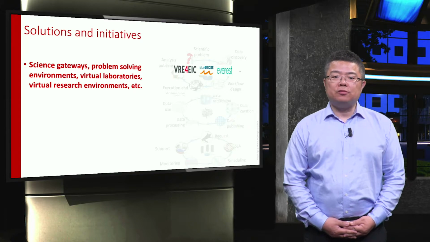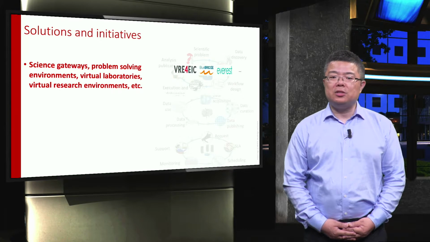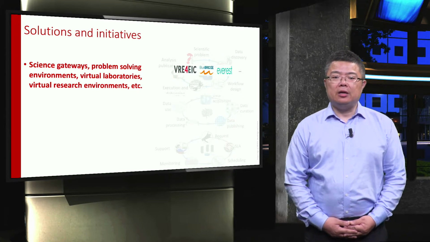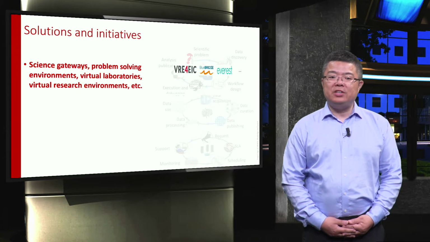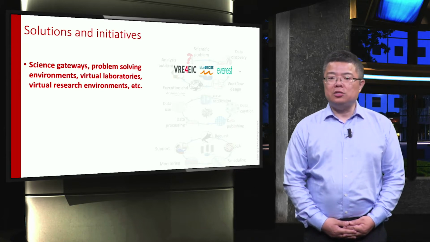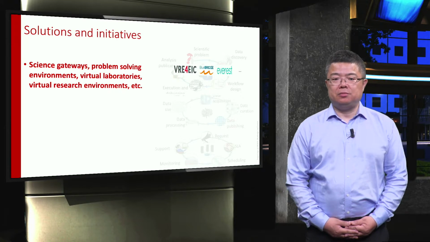To meet the requirements for supporting user-centric research activities, solutions like virtual research environments, science gateways, and virtual laboratories have been developed, with examples including VRE for EIC, D4Science, BlueBridge, and Everest.